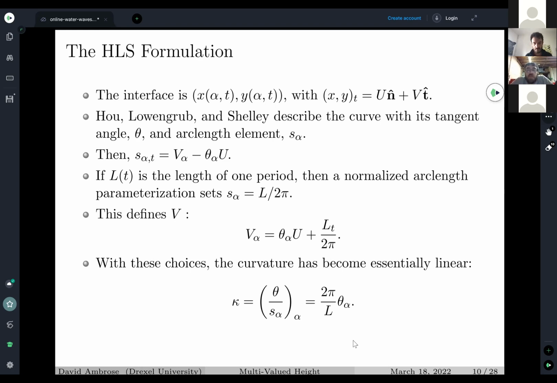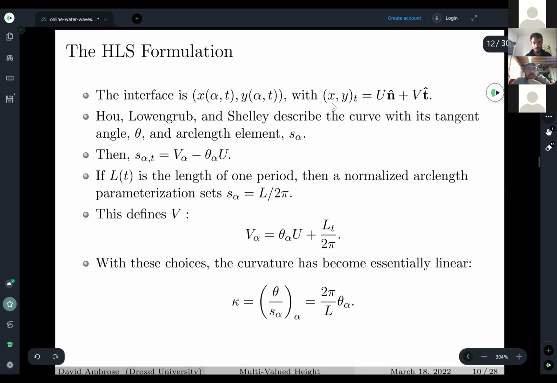And so this interface moves with some velocity, normal velocity U, and tangential velocity V. So n hat here is a normal vector to the surface, t hat is a tangent vector to the surface. So we have the time derivative of the position xy is U times the normal vector plus V times the tangent vector.